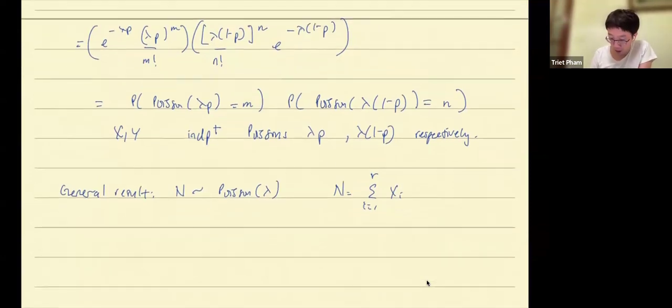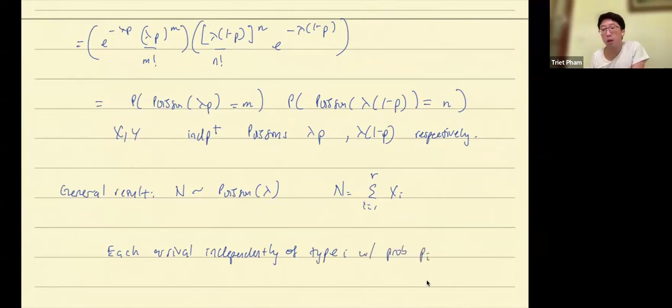But with these R types, each arrival can independently be of type i with probability p sub i, for i from 1 to R, with the sum of the p sub i being 1.